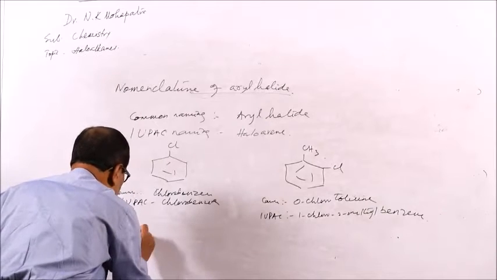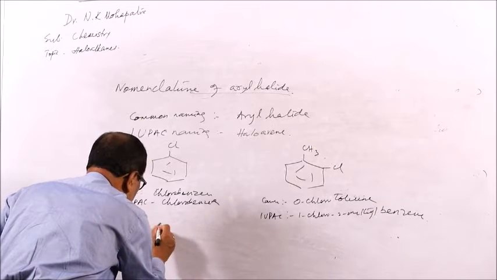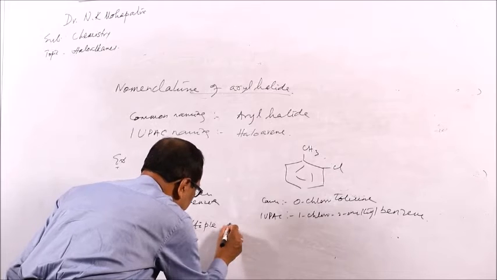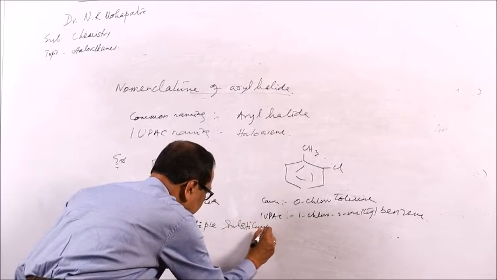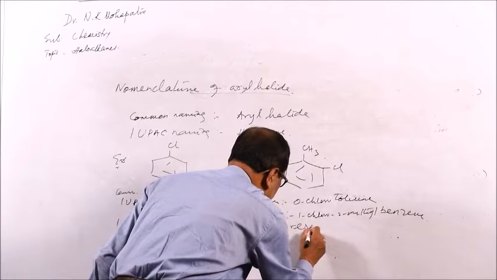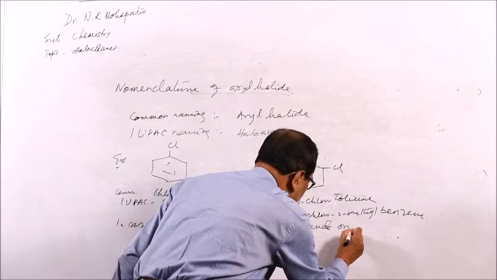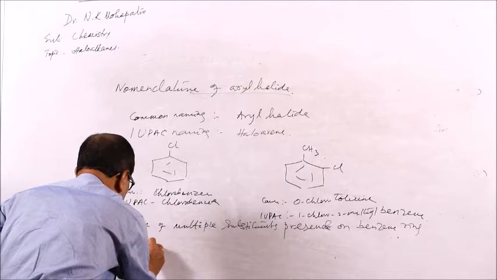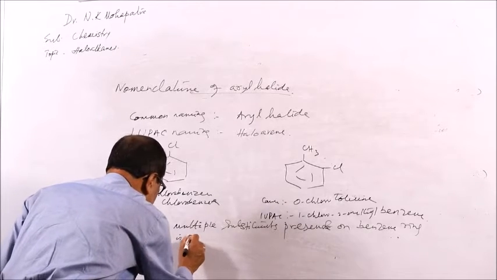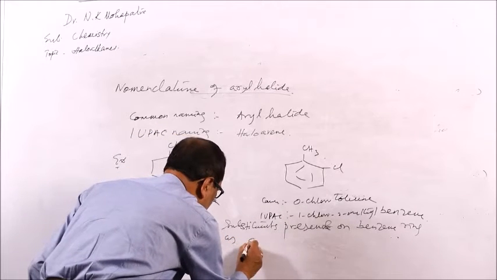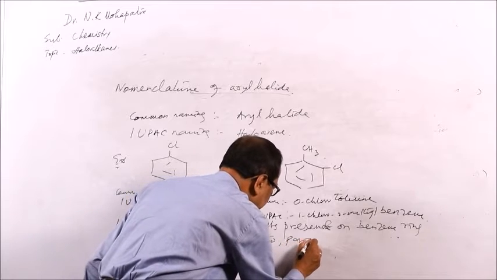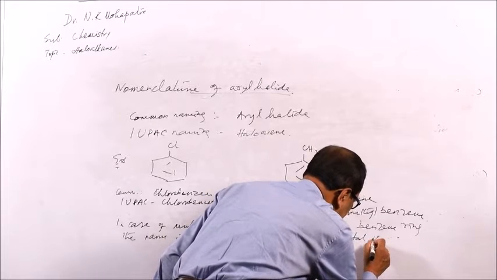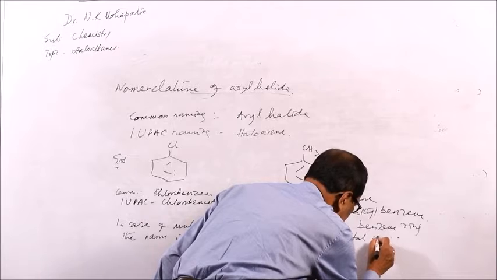In common ways of naming, in the case of multiple substituents present on the benzene ring, the name is given as ortho, para and meta isomers or compounds.